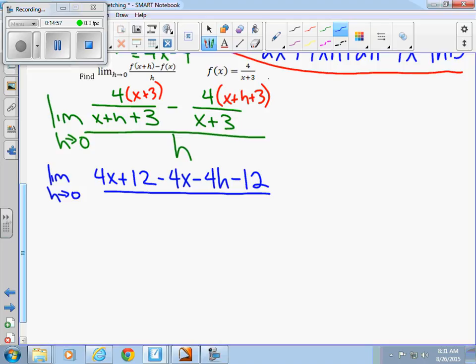Distribute that negative. Then on the bottom I have x plus h plus 3 times x plus 3. And if y'all don't mind, I'm going to go ahead and do that. There's 1 over h instead of divided by h. But you could do it on a different step if you wanted to. Flip that.